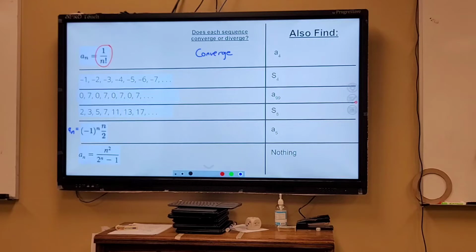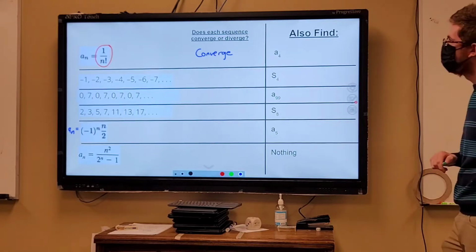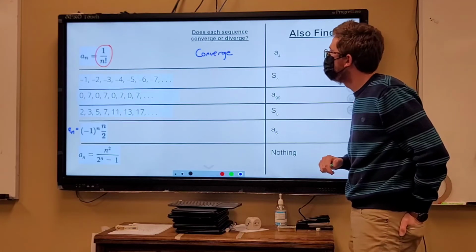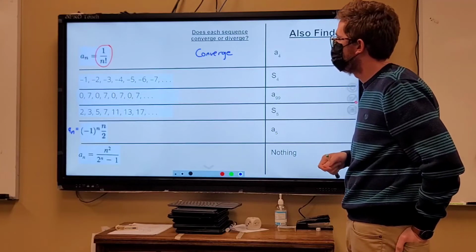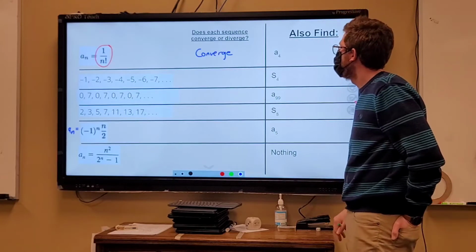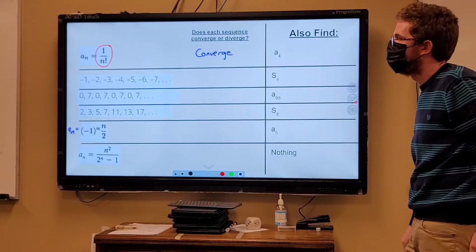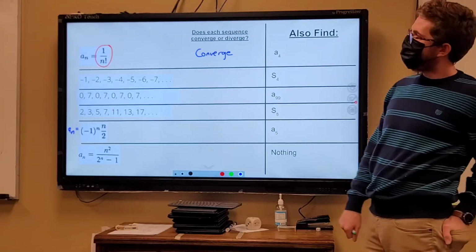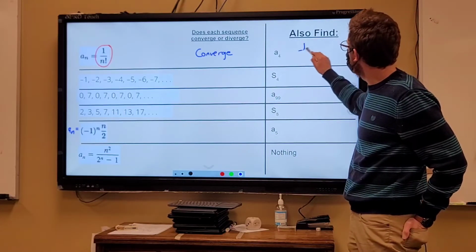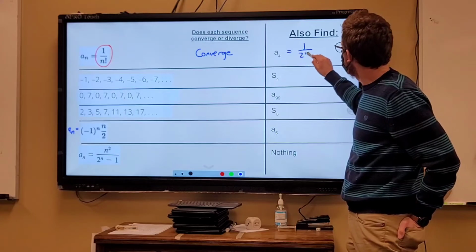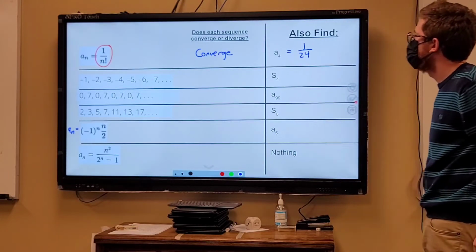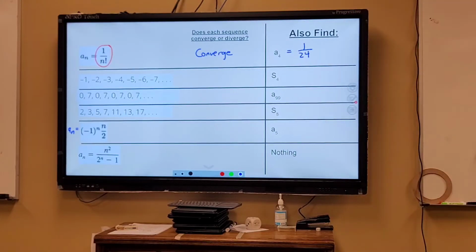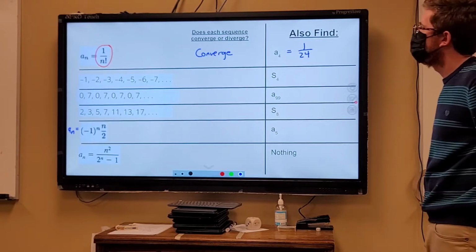It's -10, right? 7, 7, 2, 7, 7. Is diverging. The odd number, so it would be a 0.